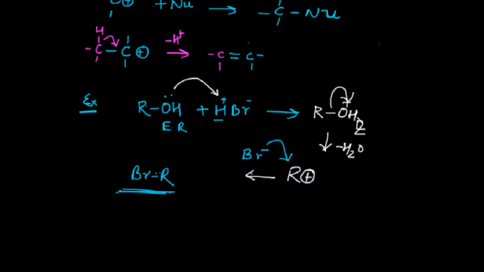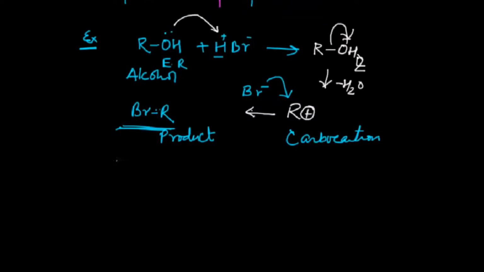Here we can see that the alcohol reacts with acid to form a carbocation, and then the carbocation reacts with the nucleophile, Br minus, to give the product. So step 1 is generation of the carbocation, and step 2 is reaction with the nucleophile to form the product.